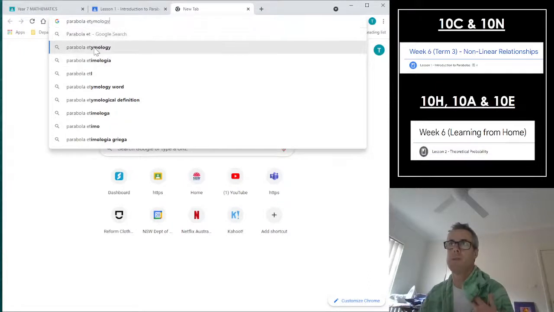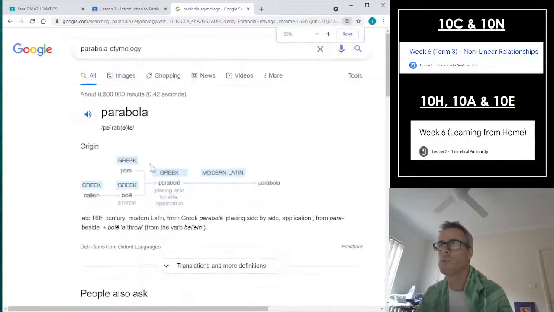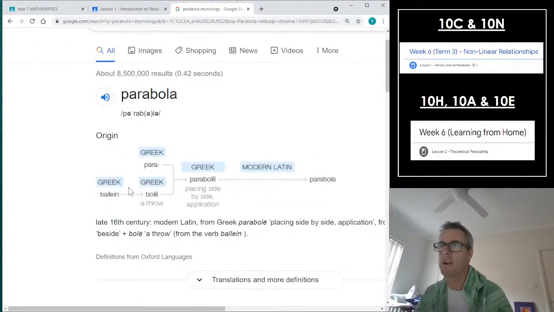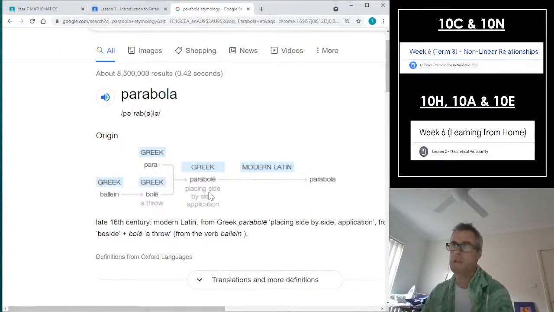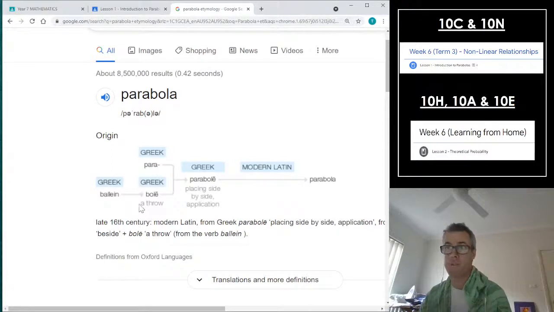It breaks down exactly where it came from and how it came to be. I'll try and zoom in. You can see here it comes from parabola, meaning parallel, para from parallel, meaning side by side, meaning to be mirrored, placing side by side. Parallel throw, like so.